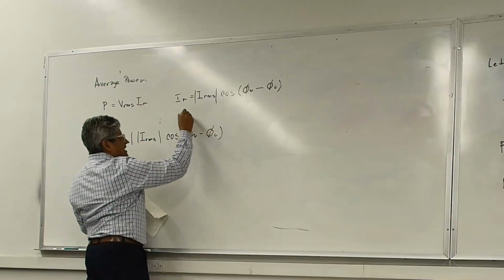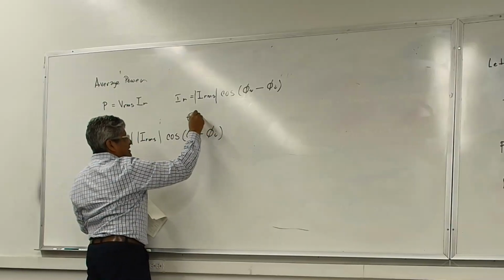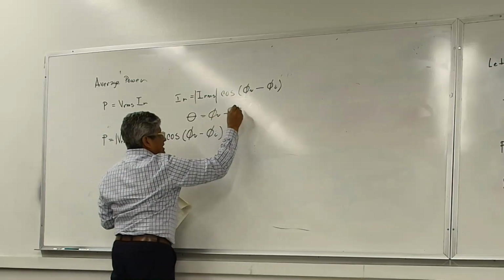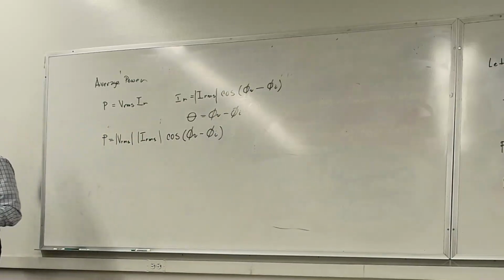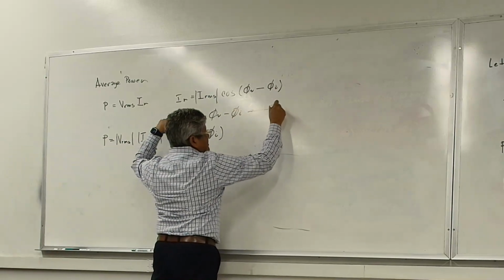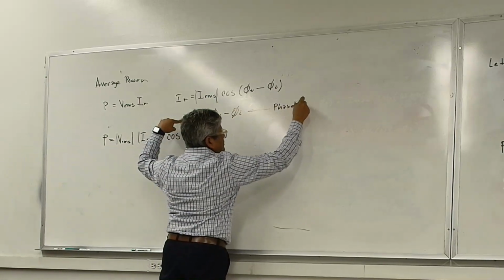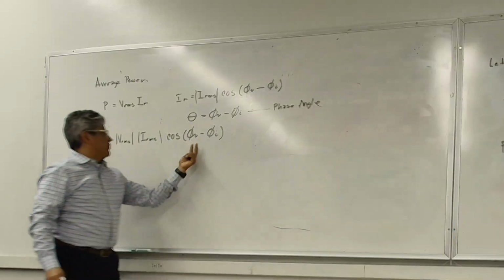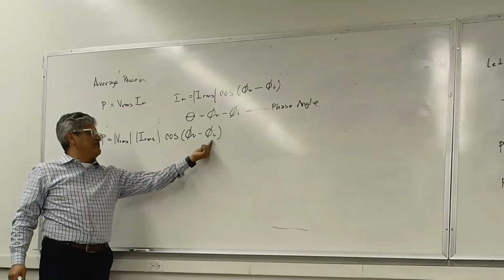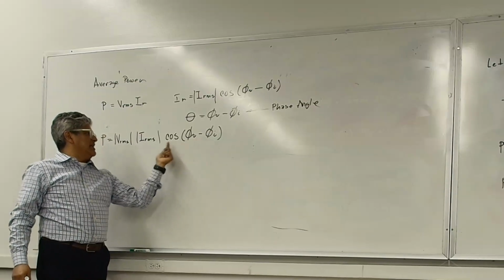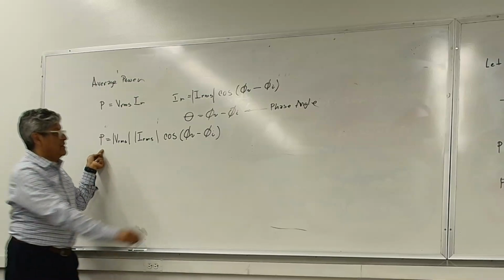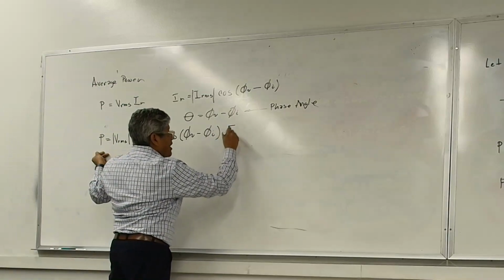And by the way, we call that theta, the phase angle. So if I know the voltage phase and the current phase, that being theta, the cosine of that times these two magnitudes gives me P, or what we call real power, and we call that watts.